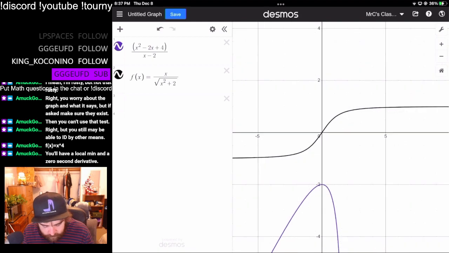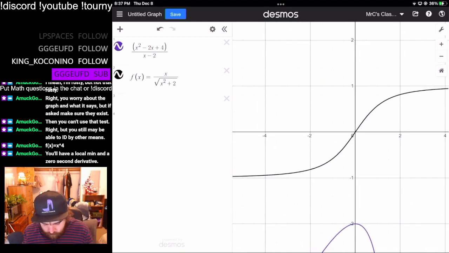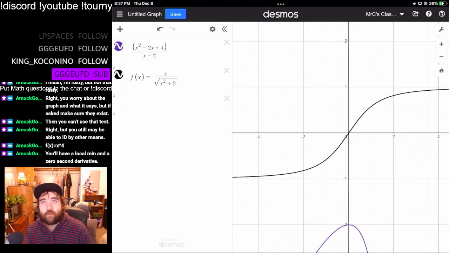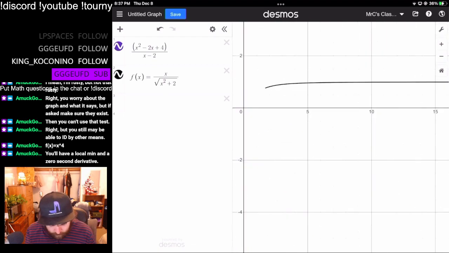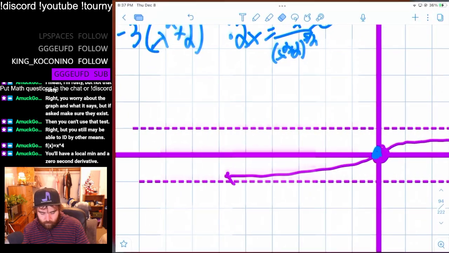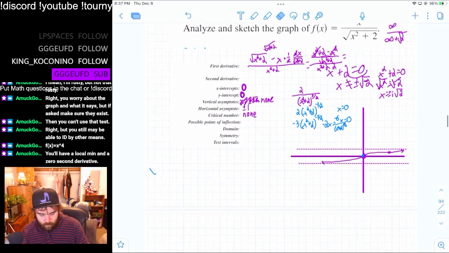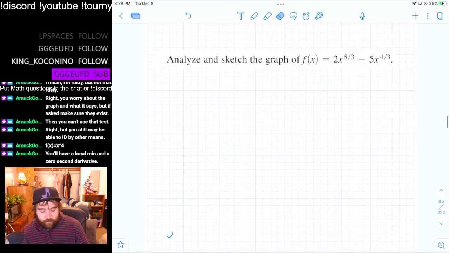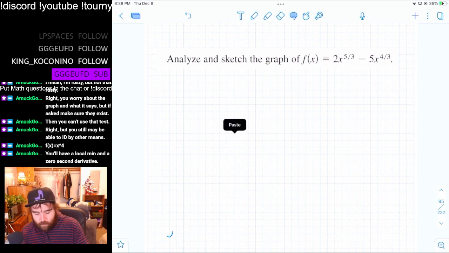It looks like it hits 45 degrees, which makes sense. That's what we said, like 1 over root 2 is the slope. Or I guess the slope would be 1 then. But anyway, there we go. That makes sense. So I guess that is the main goal of these, to just get pictures of the graph.